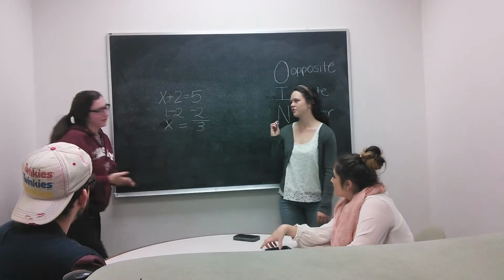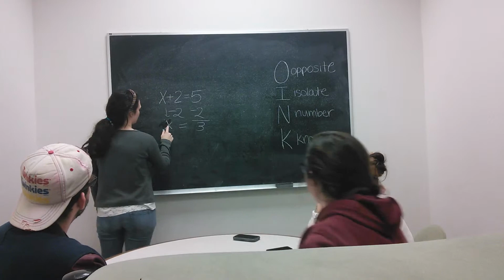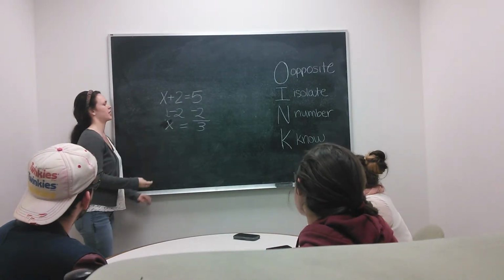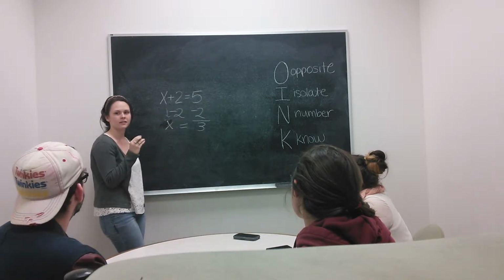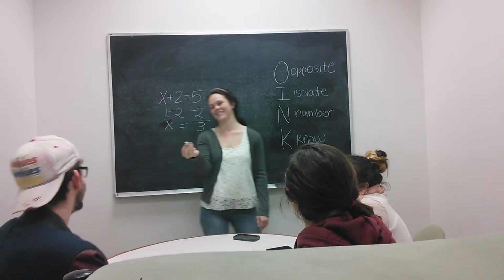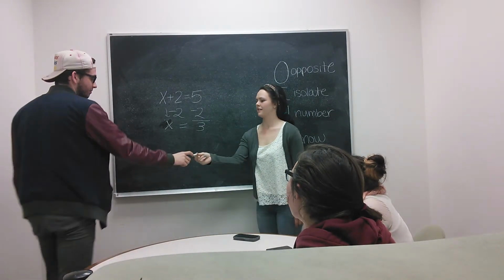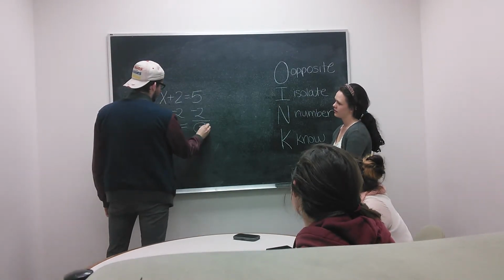X equals 3, yeah. Do you guys agree with this answer? Yes. Okay, x equals 3. Let's actually just make sure that this is correct. Do you guys remember how to check your answer? Do you want to do it for me? So we know that x is equal to 3.